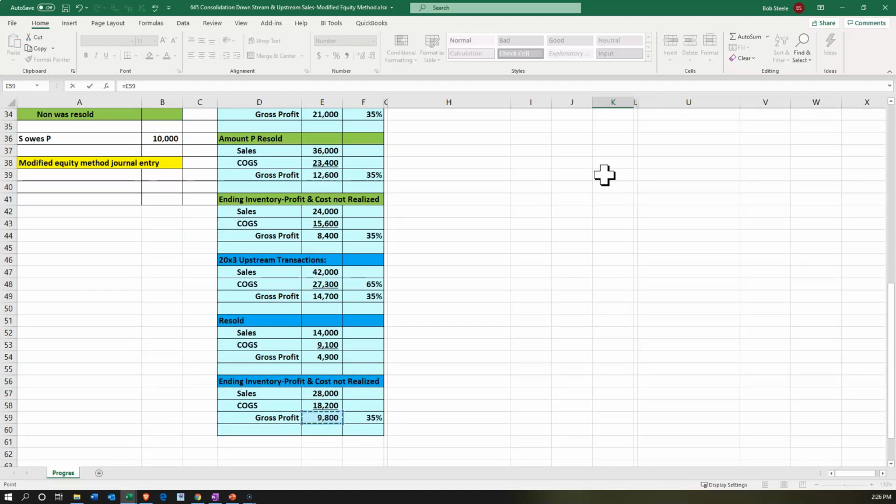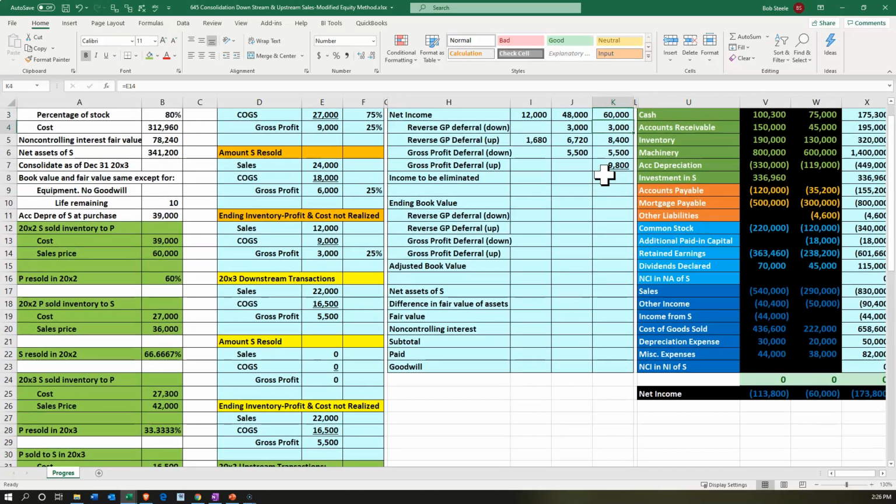Now we're going to allocate this out. I'd like to represent these as negative numbers, so I'm just going to represent this as a negative so that we can sum it up a little bit easier in our calculation down below. So these are going to be subtracted. Then I am going to break this out between the interest. This is going to be equal to this times the 80%.